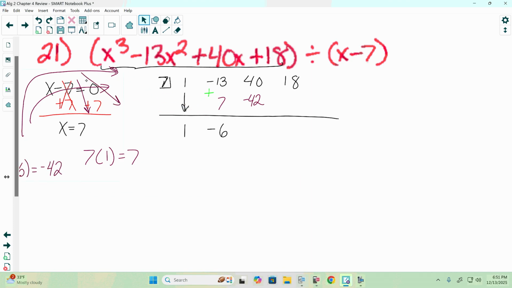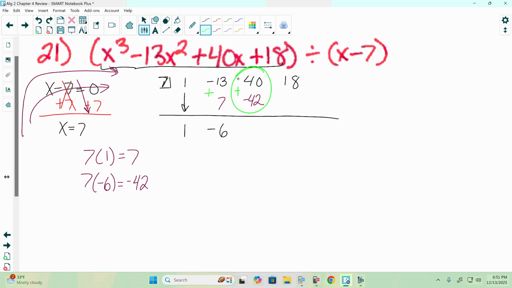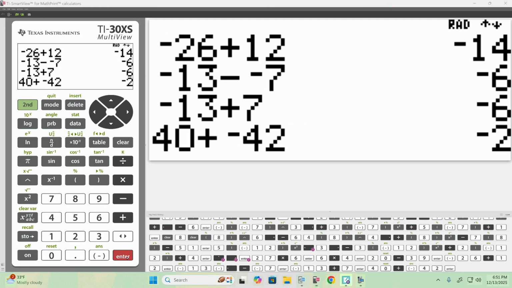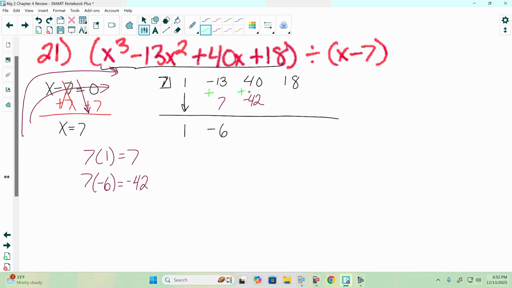Now, the next thing we're going to do is add straight down. We're going to add 40 and negative 42. 40 plus negative 42 is negative 2. We add these two, we get negative 2.